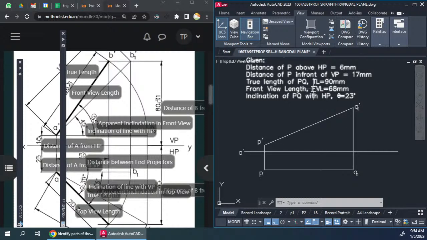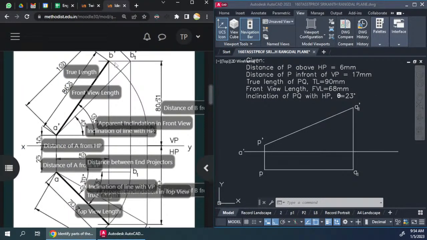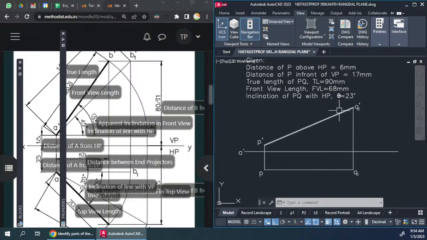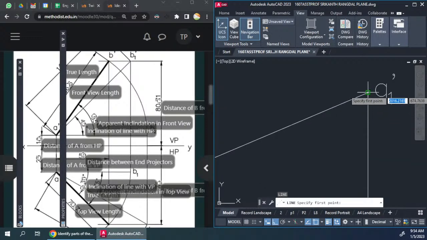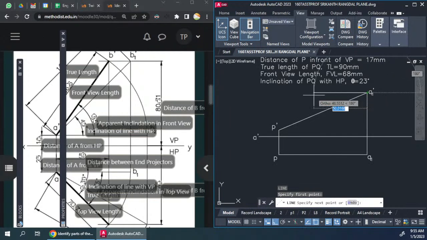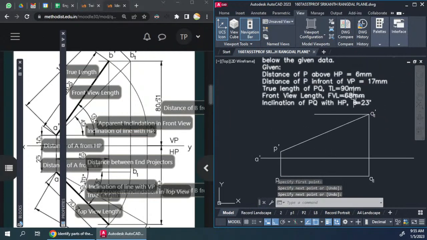Next thing that is given to us is the front view length. Now if you observe closely, we have this horizontal locus, and this locus and this length both are known to us. So let's go ahead and draw that. Let's take a horizontal line from here, and then the front view length from here we have to measure as 68.